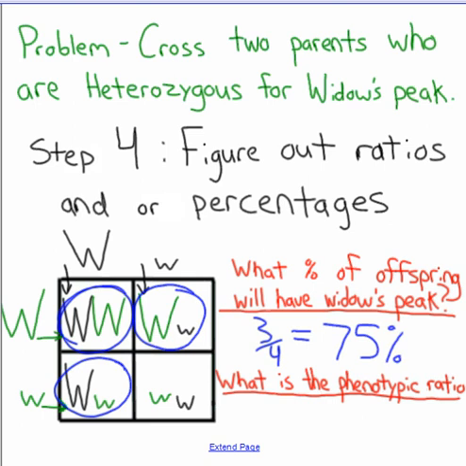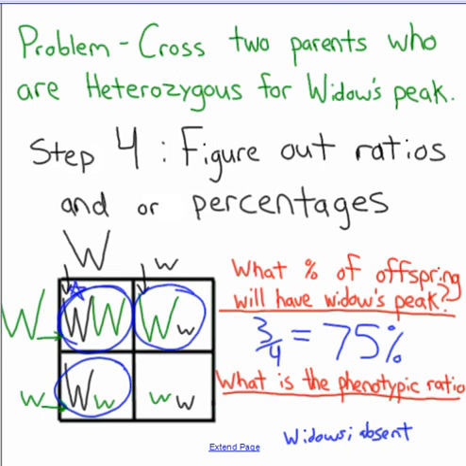For the phenotypic ratio, what you can do is you can just count the boxes for each phenotype. So you have to say what are the phenotypes here? Well, we either have widow's peak or it's absent, or a straight hairline. So you can just count your boxes to determine your ratio.